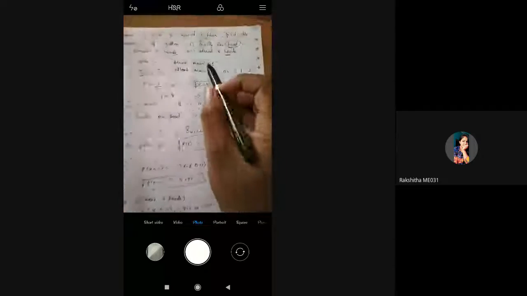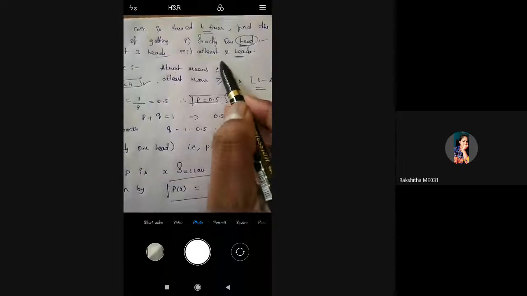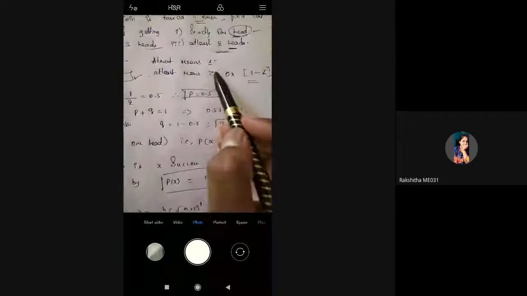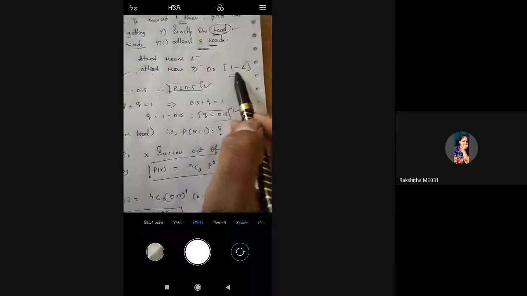So similarly, next one is at least 2 heads. So try for that. At least means which symbol we need to use, greater than or equal to, or 1 minus less than.